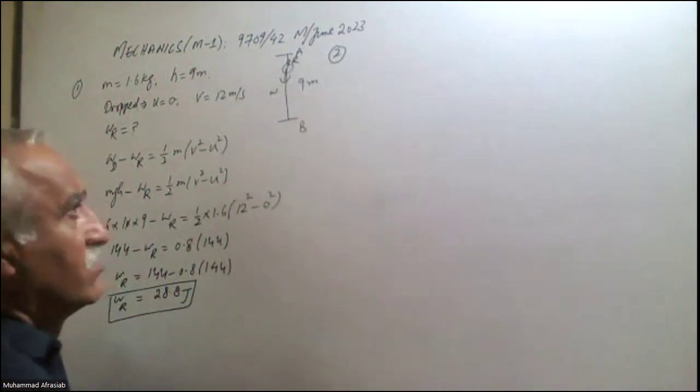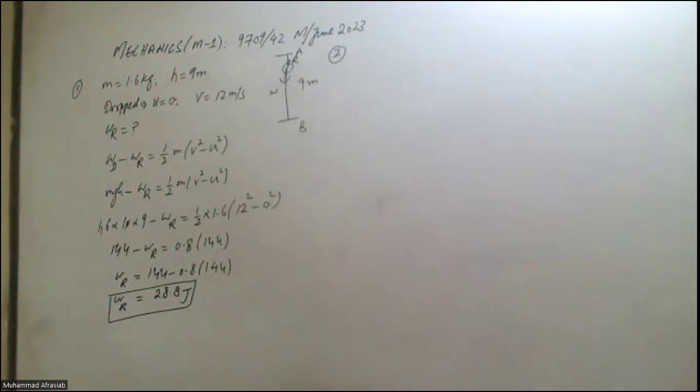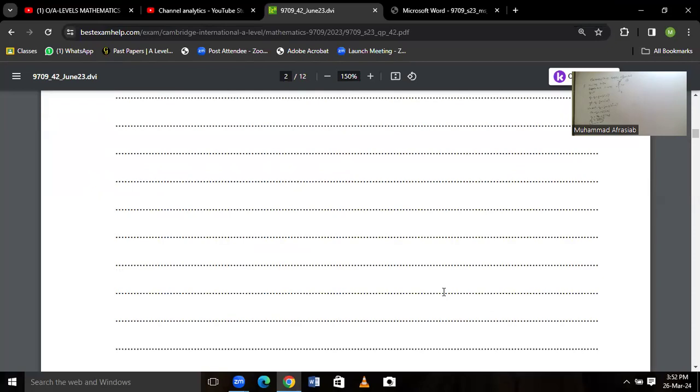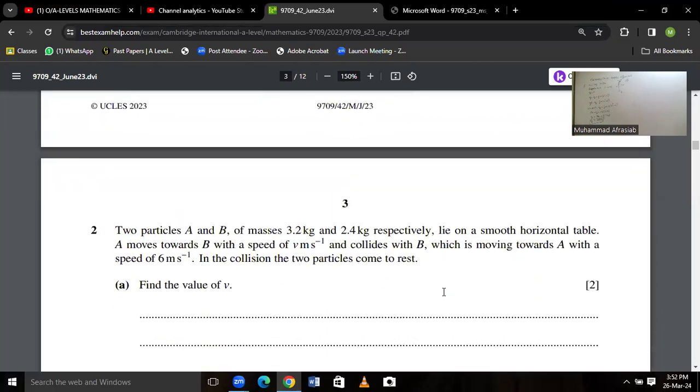Now we are going to start question number 2. Two particles A and B of masses 3.2 kg and 2.4 kg respectively lie on the smooth horizontal table.